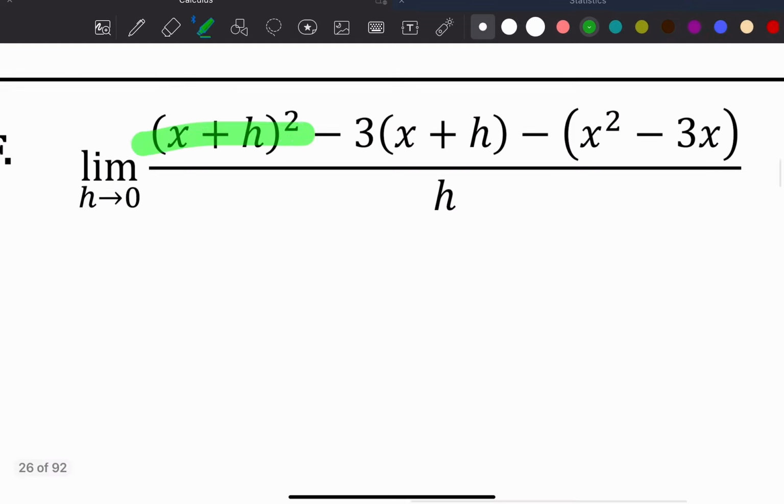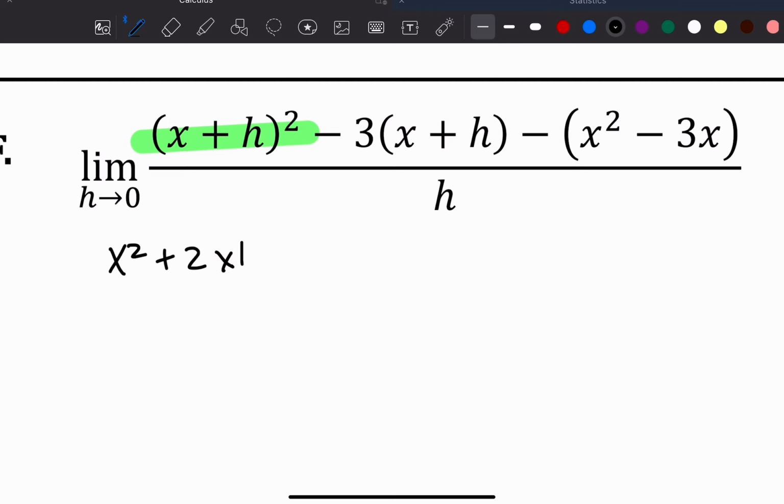So first I'm going to FOIL out x plus h squared. So I get x squared plus 2xh plus h squared. Then I'm going to distribute the -3, so I get -3x minus 3h. And then I'm going to distribute the negative, so negative x squared plus 3x.